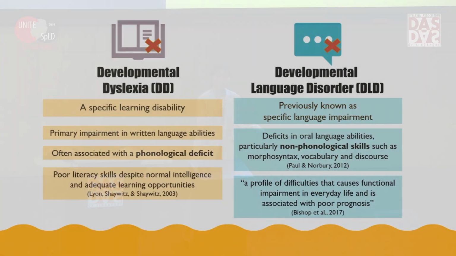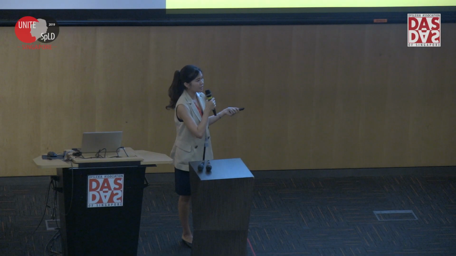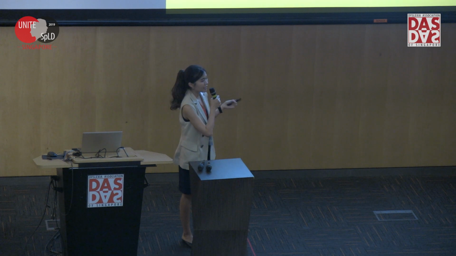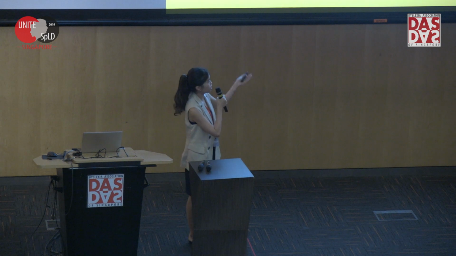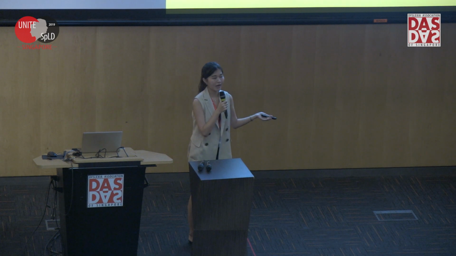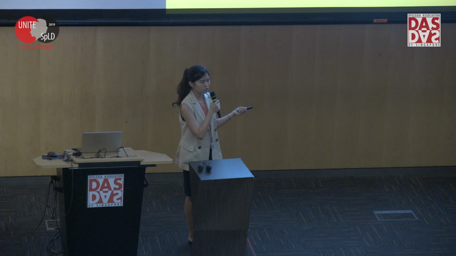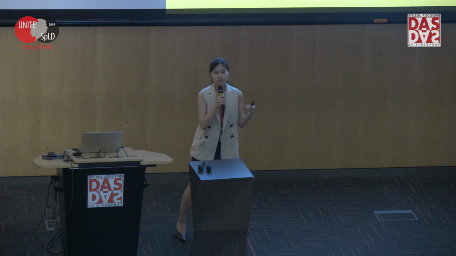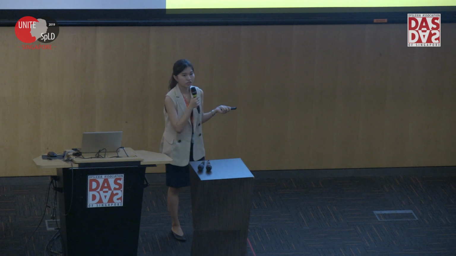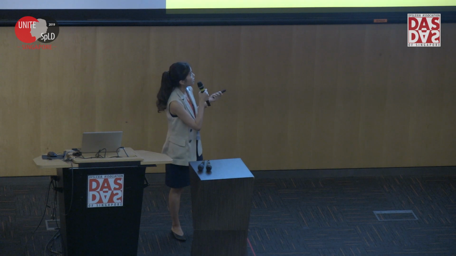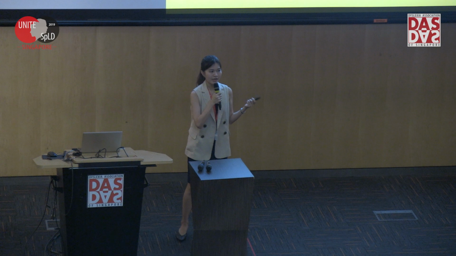It basically just means grammar. So these children are weaker in these skills, and to get this diagnosis of DLD, you have to show a profile of such difficulties causing functional impairments in your everyday life, and the prognosis is usually poor. So children with DLD would therefore see speech and language therapists like myself to help them work on these language difficulties.